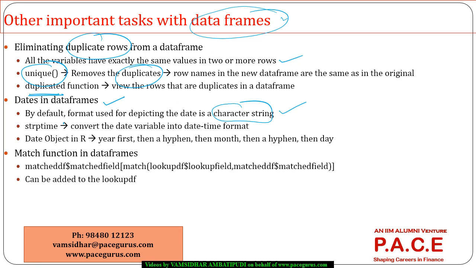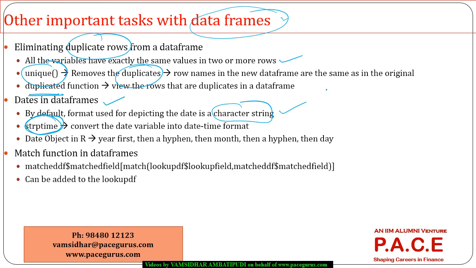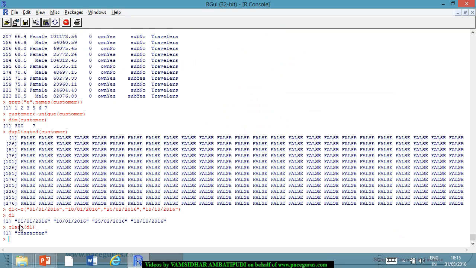But I can use this function called strptime. Strptime is the function that I have to use to convert these dates into the right format. Now, if you see the way the data is entered, this is my date, then there is a hyphen, this is my month, then there is a hyphen, this is a 4-letter year.